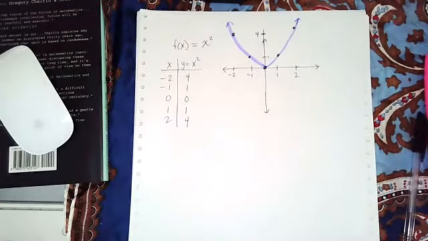So if I look at this function, if I look at its graph, if I look at its ordered pairs, can anybody tell me whether this function is one-to-one? For every input value that we have, do we have a unique output for it? Or are some of the output values shared?